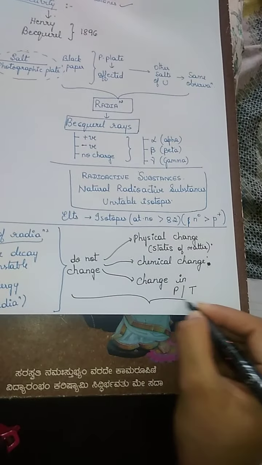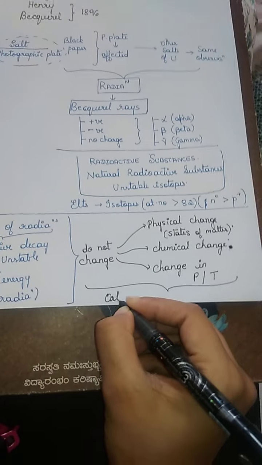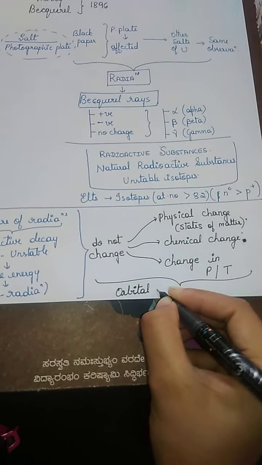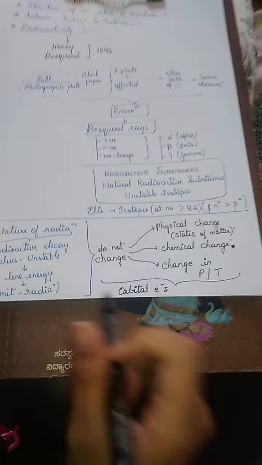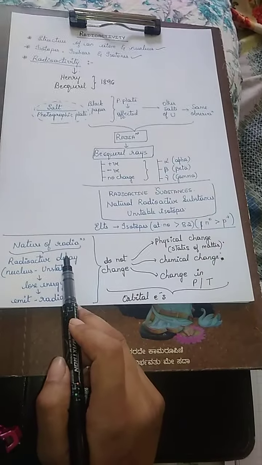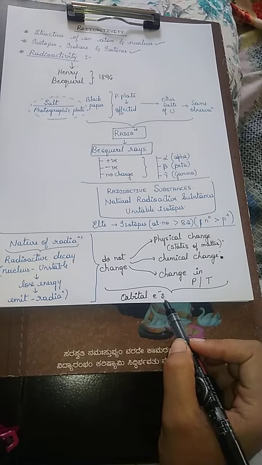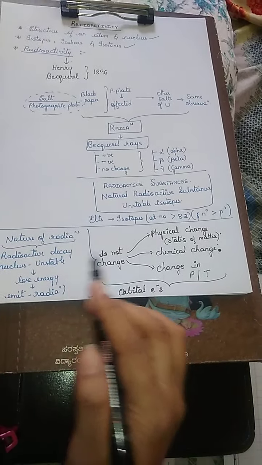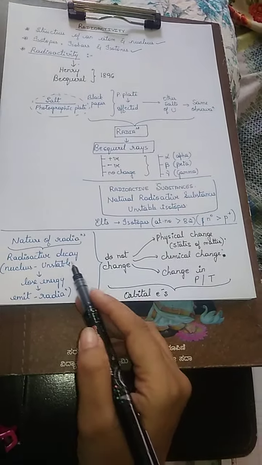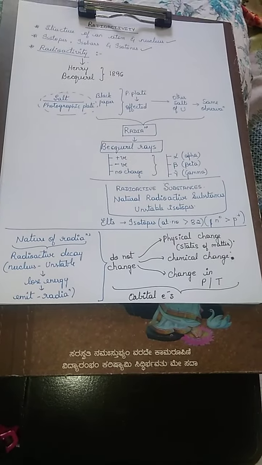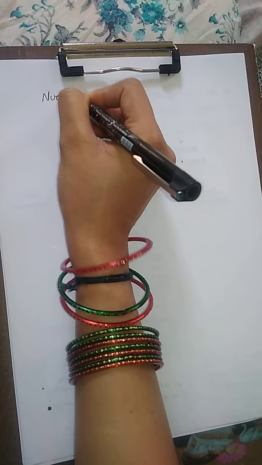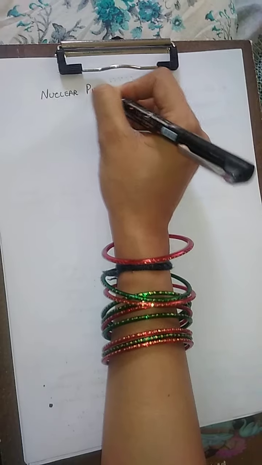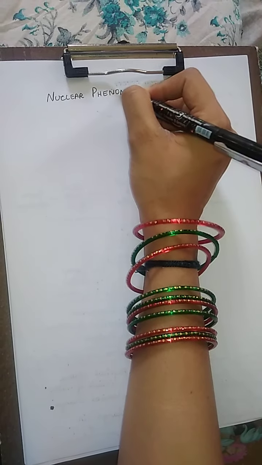That means we can conclude that any changes happening in the orbital electrons also do not change the nature of radiations. Hence, we conclude that this is a nuclear phenomenon.